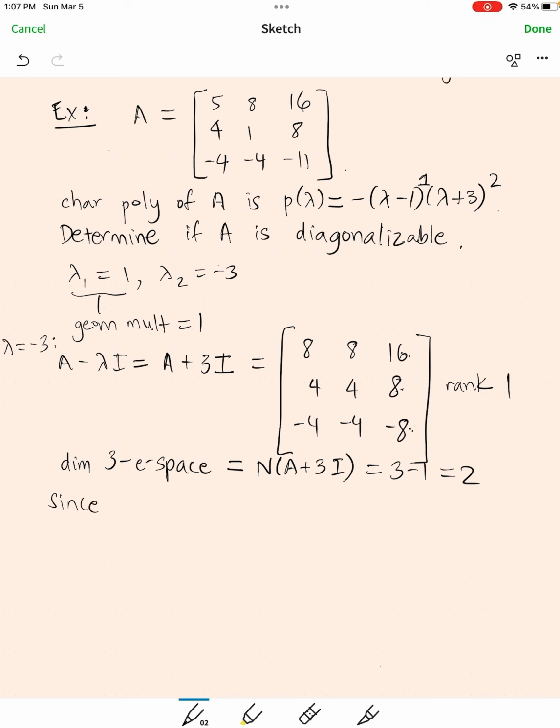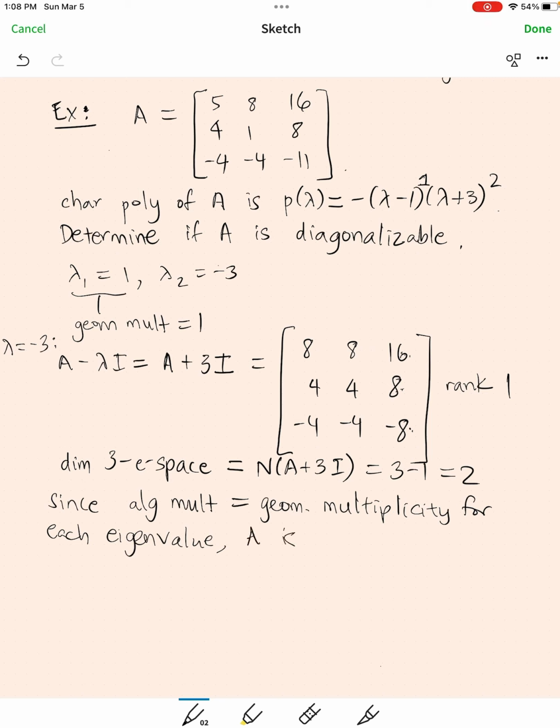So since the algebraic multiplicity equals the geometric multiplicity for each eigenvalue, A is diagonalizable.